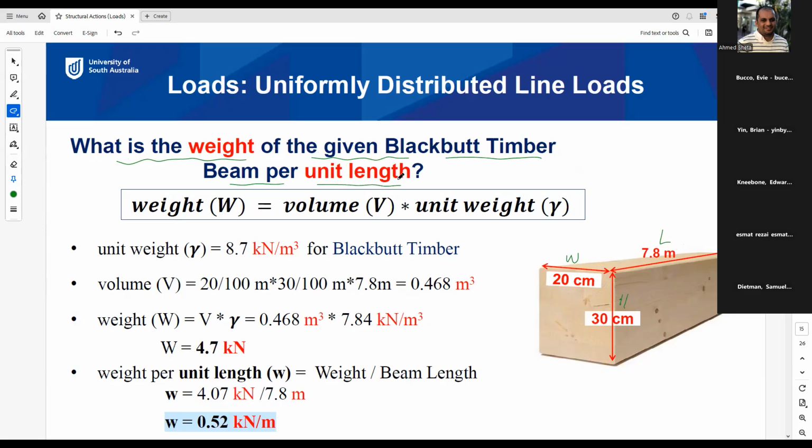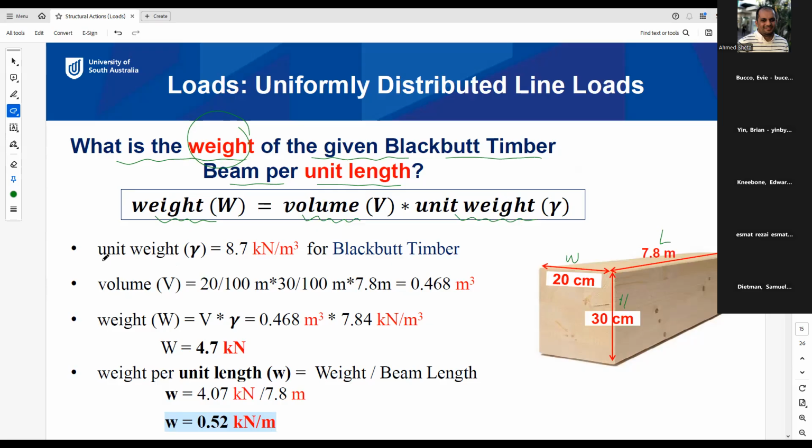So how can we find the weight of this beam per unit length? The first thing is to find the weight of this beam. Then we can distribute it over the length. From the previous example, the concrete block, we know that the weight of the object equals the volume times unit weight.